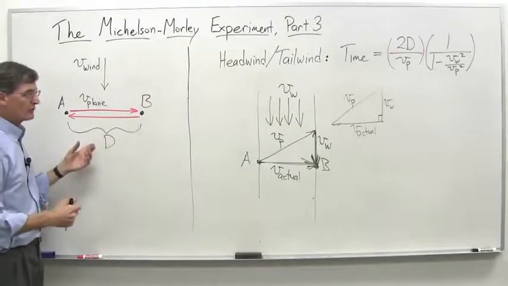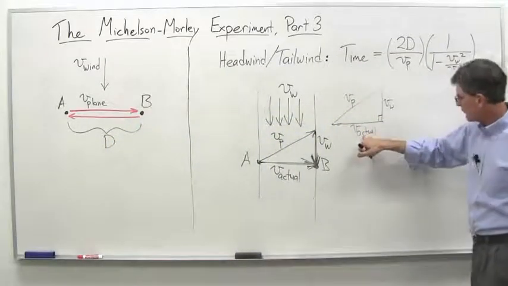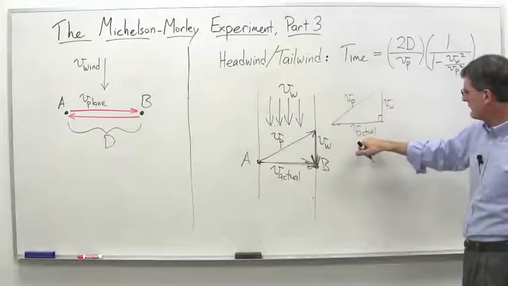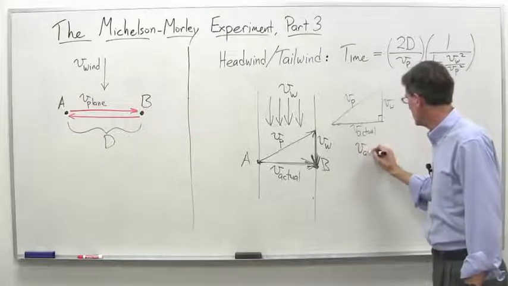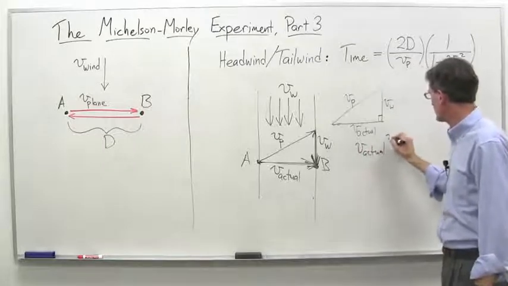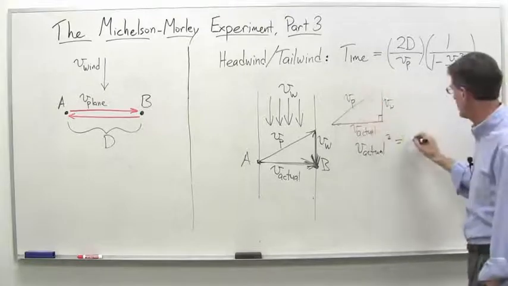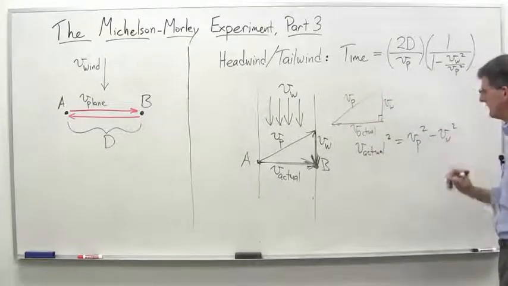So what is V actual over here? Well, Pythagorean theorem tells me that this squared plus this squared equals this squared. Remember? So if I want this, I can write V actual squared equals the hypotenuse here squared, Vp squared, minus Vw squared.